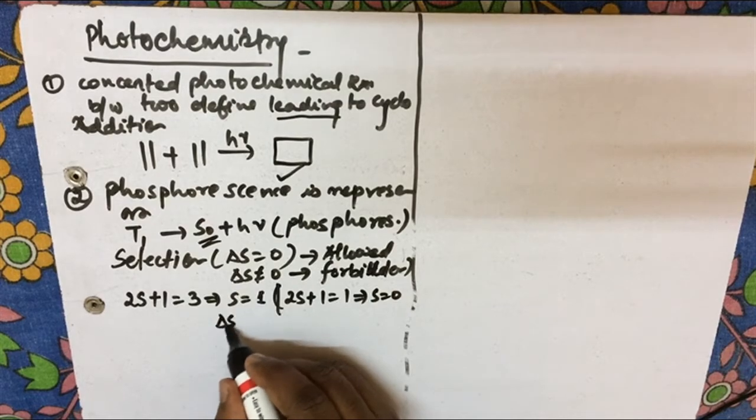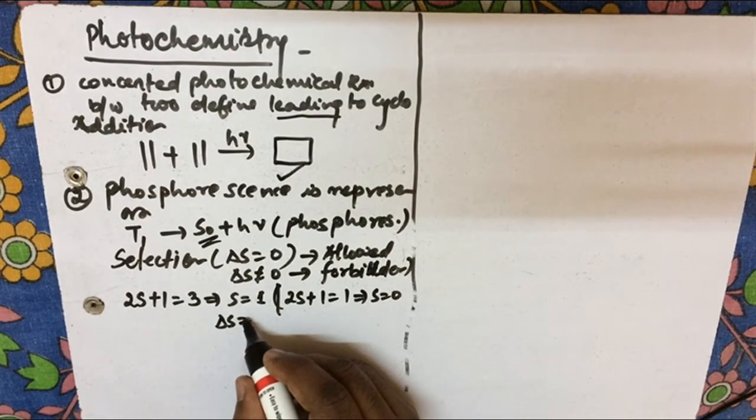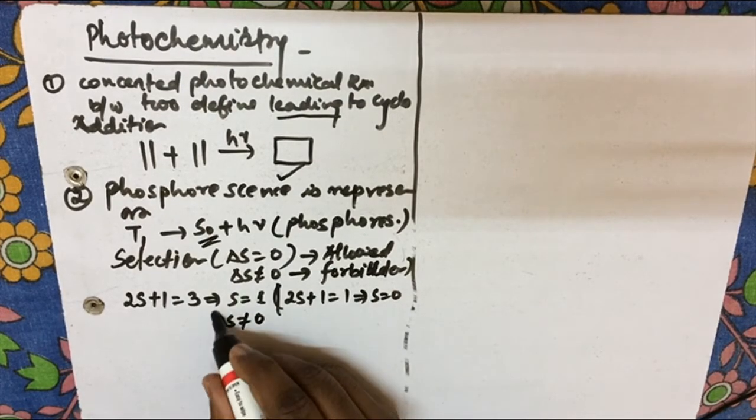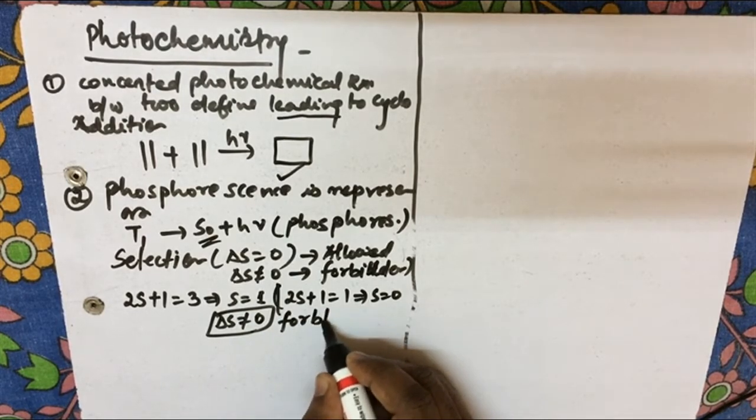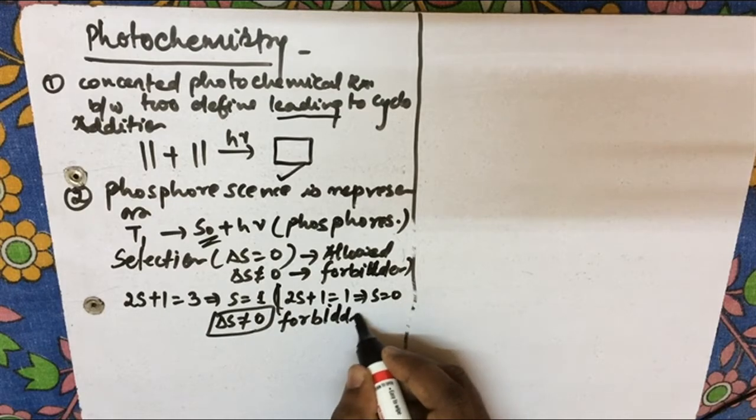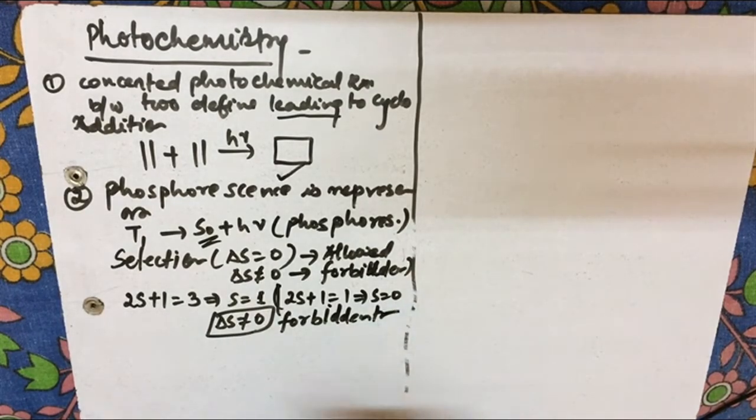So delta S is not equal to 0, so this is a forbidden transition. That's why this is the forbidden zone. So phosphorescence happens through a forbidden transition, triplet to singlet state.